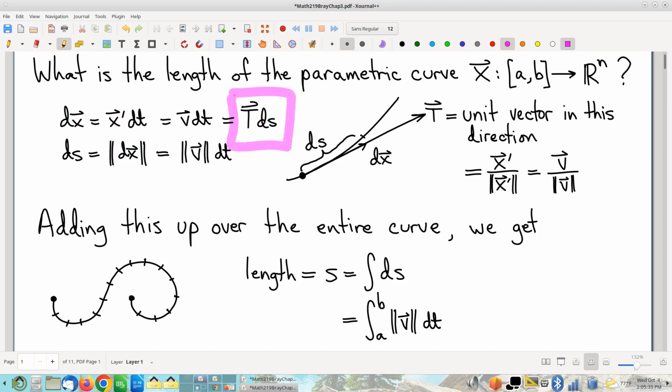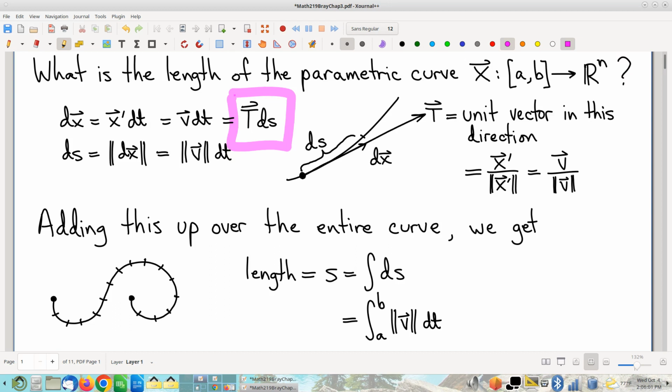The first one is really just kind of a hand-wavy sort of intuition thing. Let's just think through what dx is. Dx has a direction and a magnitude. What direction does dx point? Well, it points in the direction of the unit tangent vector. What's the magnitude of dx? Well, it's ds.